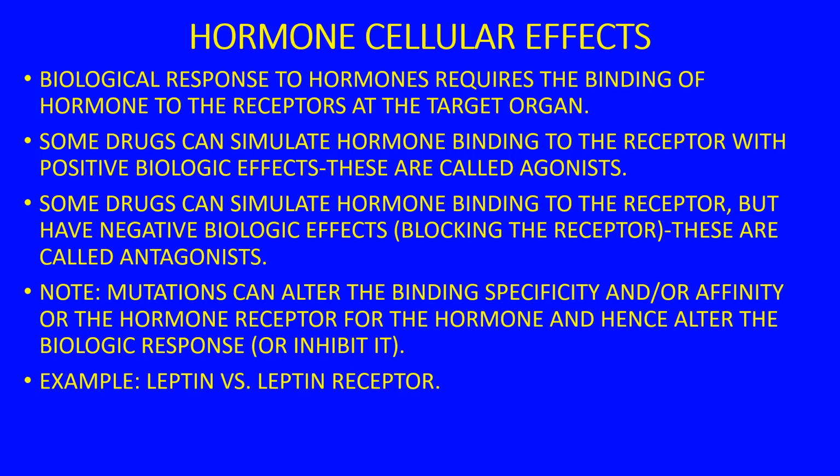Now, we have to start thinking about how hormone receptors are classified depending on their cellular localization. So we talk about the cell membrane, and we have these very interesting structures called receptors. They're basically proteins that span the entire width of the lipid bilayer.